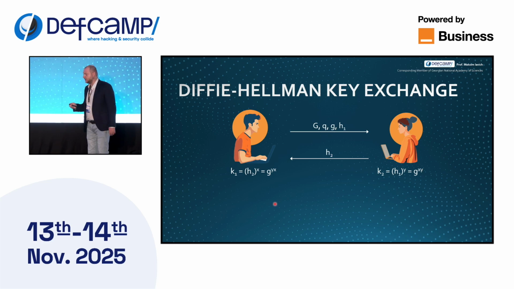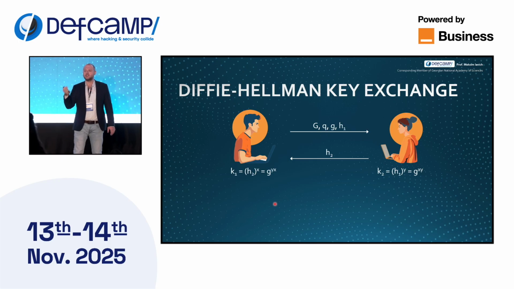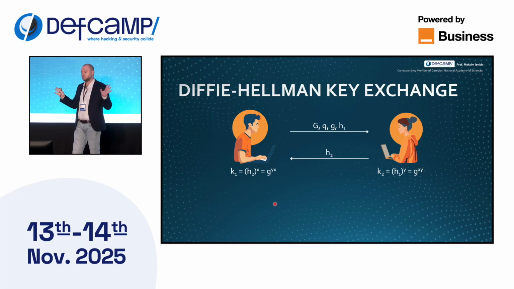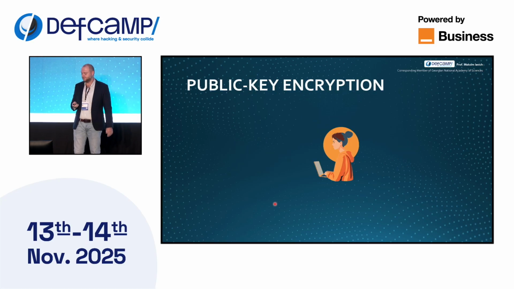She raises it to the power of Y and also gets G to the power of XY. On both sides, they have the same value. The hacker cannot do it because he knows neither X nor Y. So they share the key.